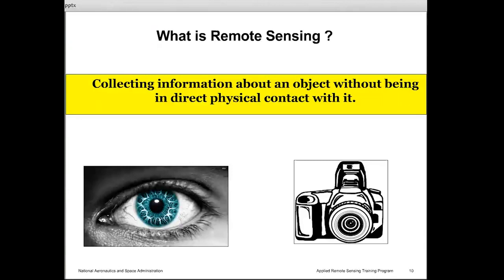So this is one of the simplest examples. A simple photographic camera is another frequently used remote sensing sensor, which can capture images and record them from a distance. These are really great examples of how remote sensing sensors work and what they really do.